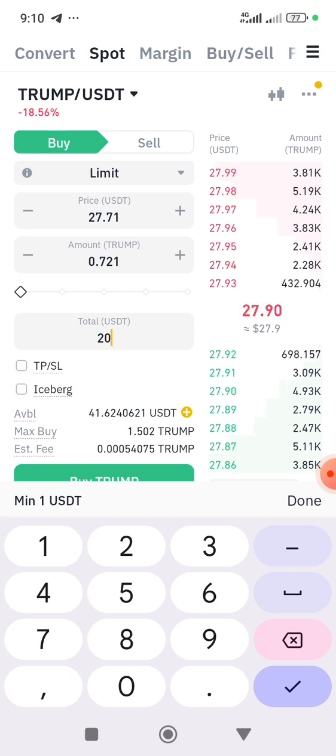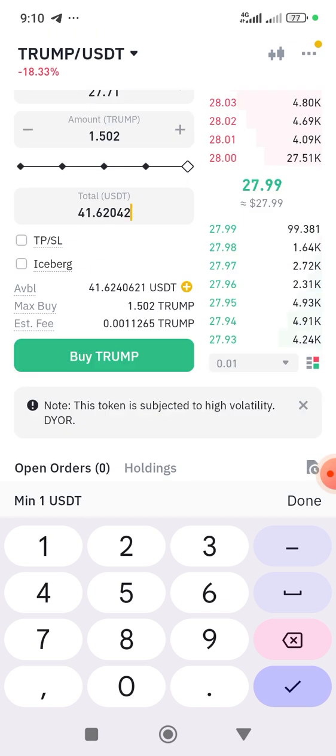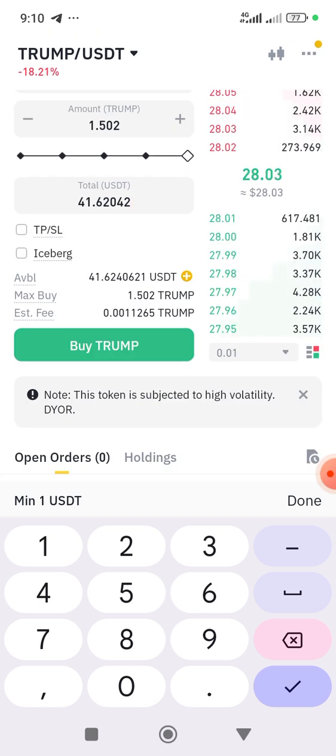Now the same thing, if the price has not gotten to it, I can change the price. Right now, I want to buy at the rate of 27.71, and right now if you can see, the price here is 27.99. So say I want to buy at this price, I come down and click buy.